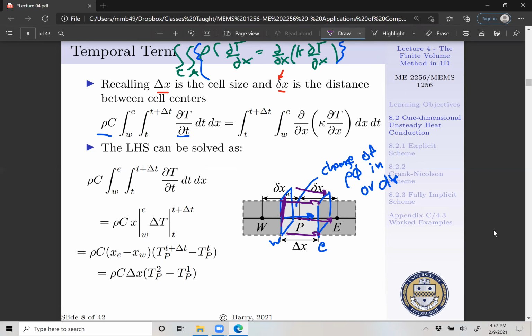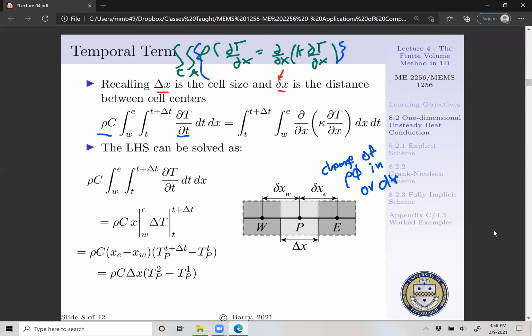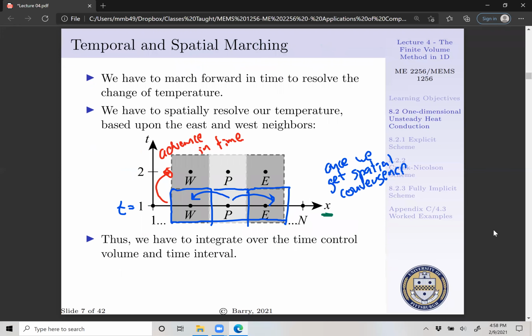We're taking this face and we're really sweeping it forward. And this is going to give us our spatial integral, i.e. when we integrated over area previously. Now temporally, we're going to integrate between a time t and a time t plus delta t. So if we just jump back one slide, the difference between our two time steps is delta t.